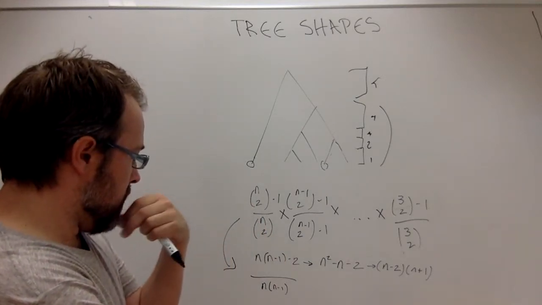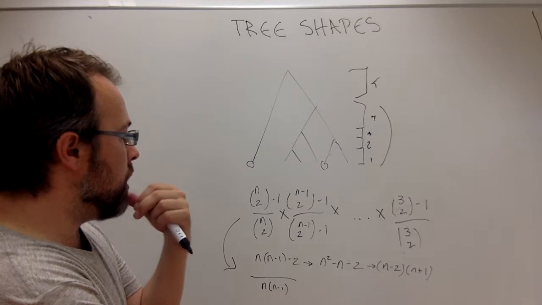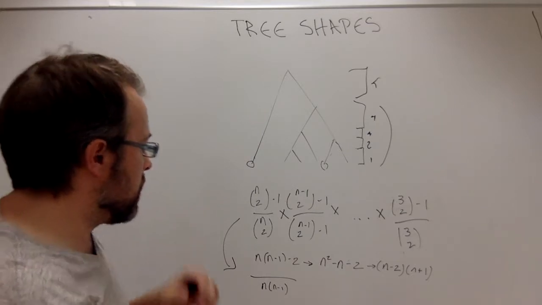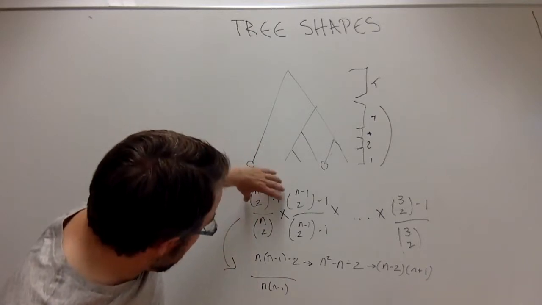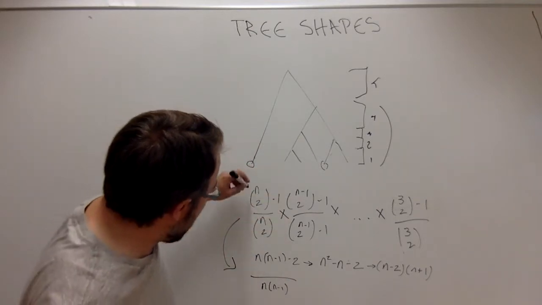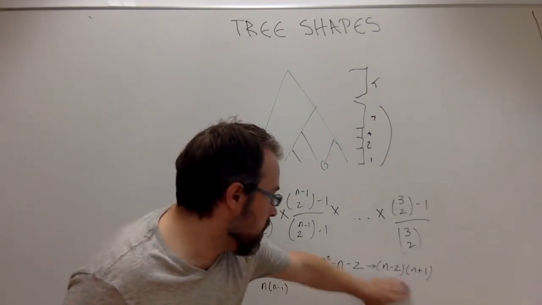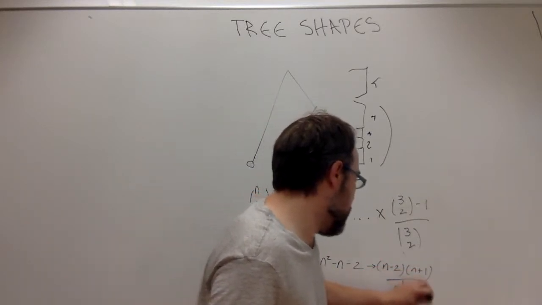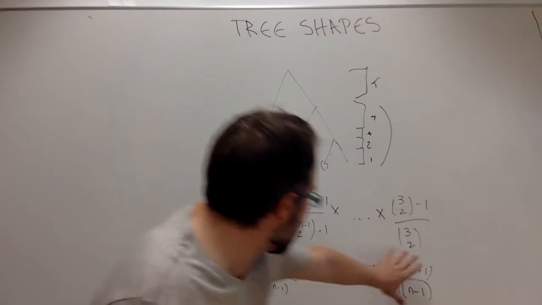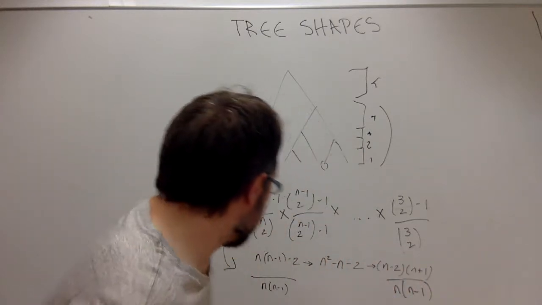Is that right? I am doing this on the fly here. Yeah, that's right. What do you know? Okay, so this thing here can be simplified to n minus 2 times n plus 1 over n times n minus 1. I'm just going to move this over here.